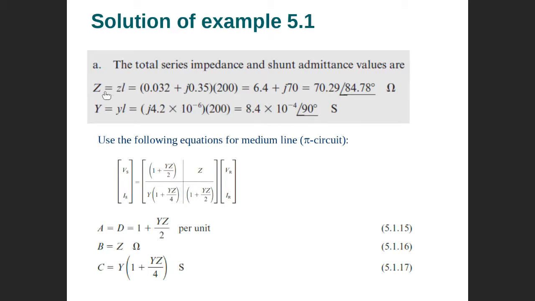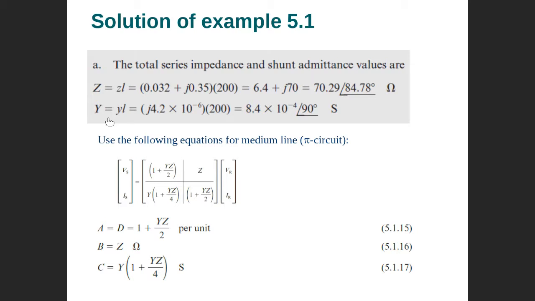The impedance has a real part and an imaginary part. Y could also have G, the conductance, but in this case Y would be only the imaginary part, the susceptance, which is B. Remember, Y equals G plus jB, where G is the conductance and B is the susceptance.